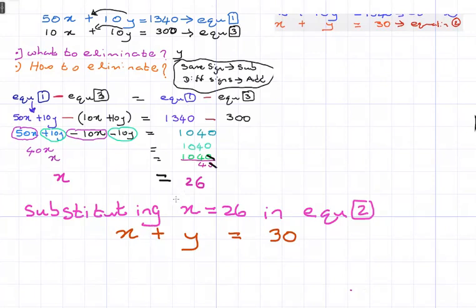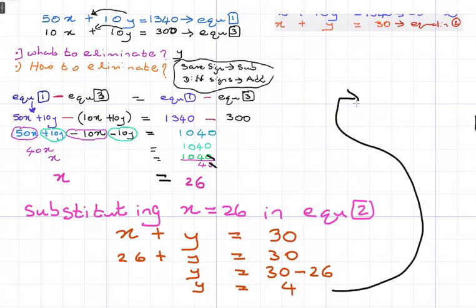So what's x's value? 26 plus y equals 30. Then what's y equal to? 30, addition 26 goes to the other side. It becomes minus 26. So y equals what? 30 minus 26, 4. All right, I don't have space to go downwards, so let me present the final answer over here.